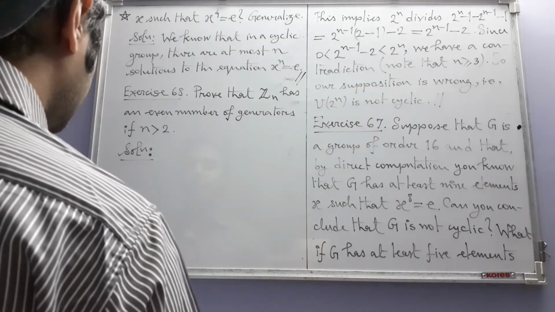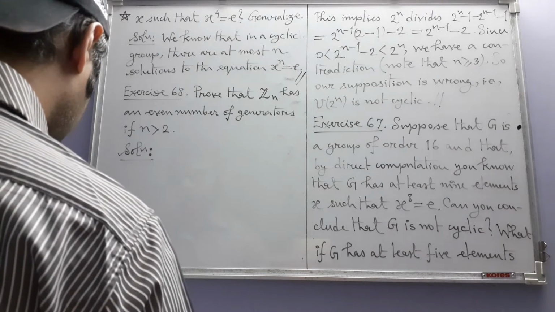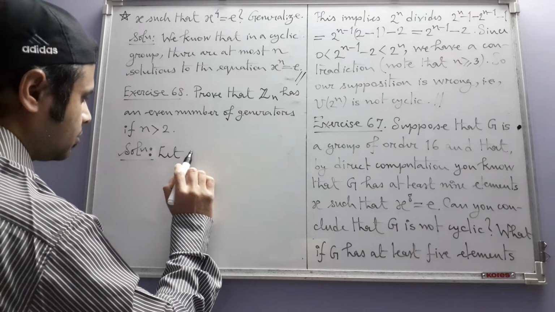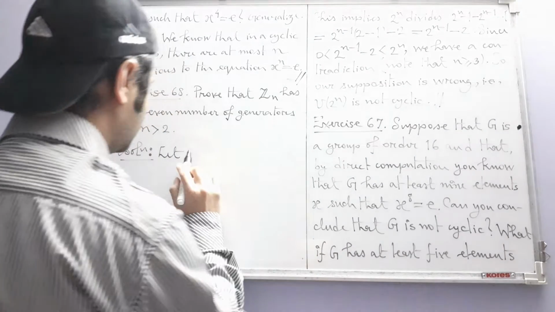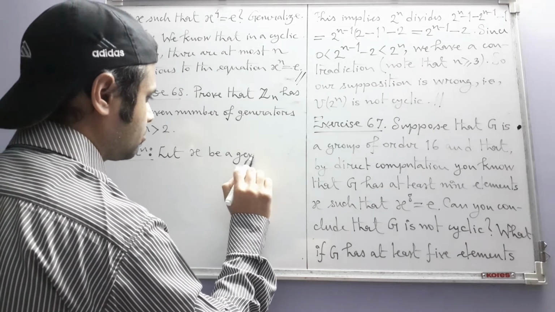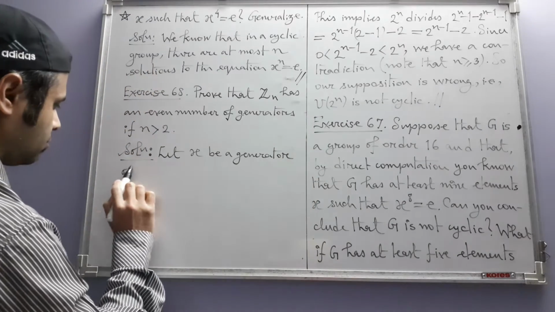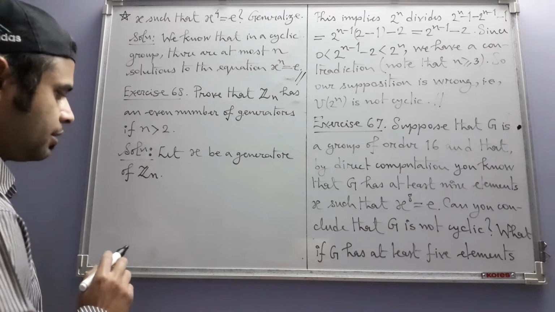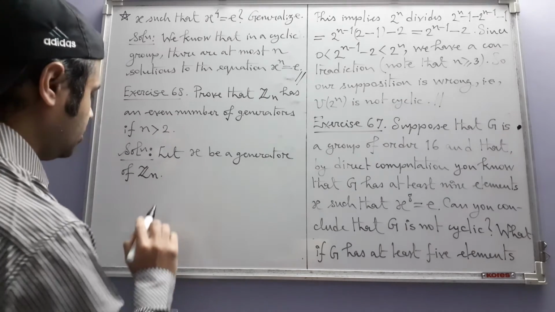And this is how we can solve this. Let X be a generator of this. Then X is an element in Zn which has order equal to n.